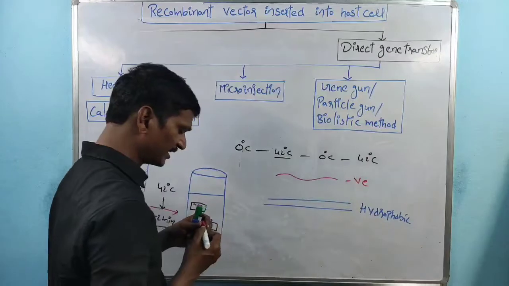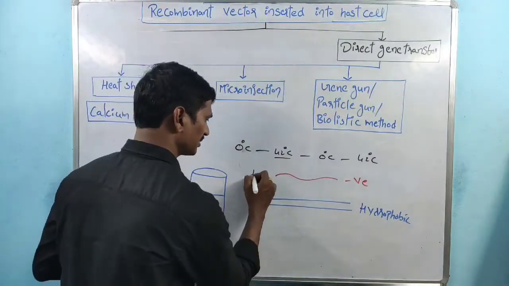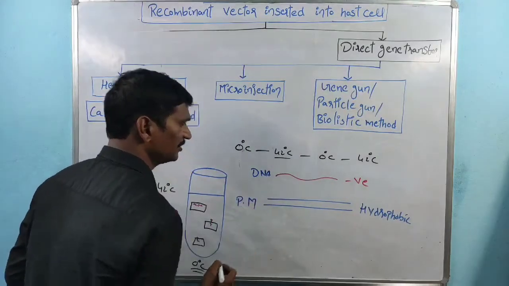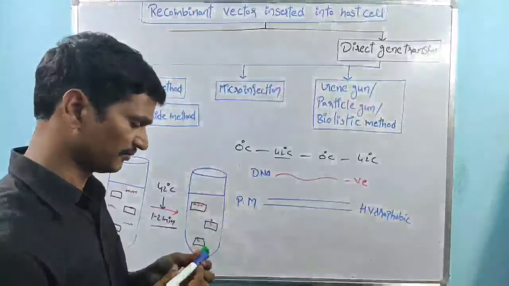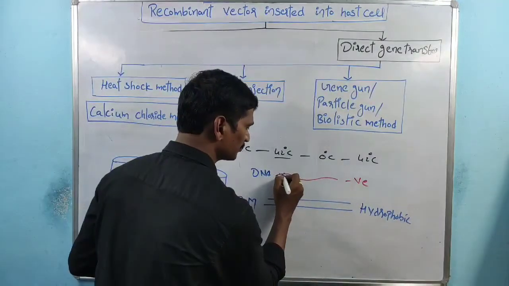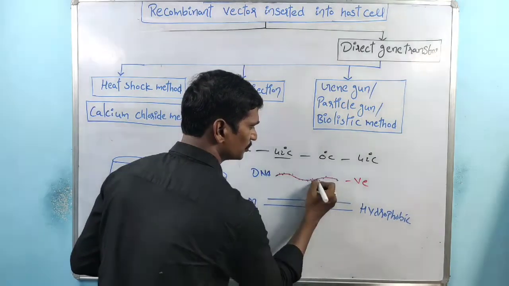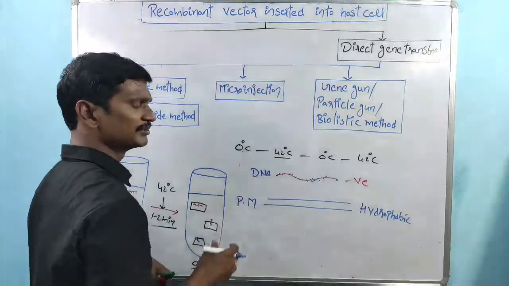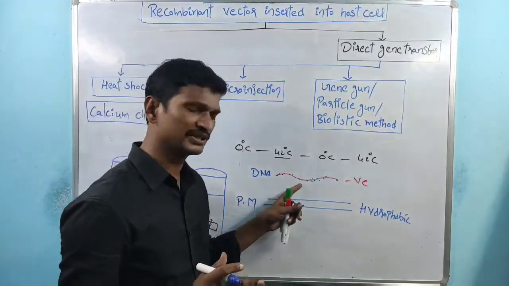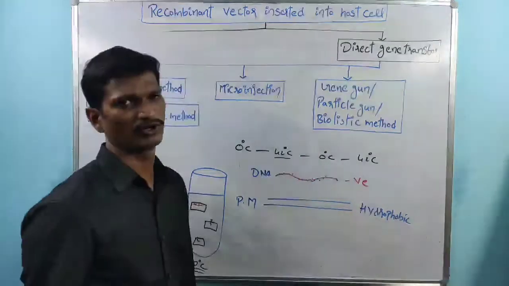For the neutralization purpose, we added calcium chloride molecules. So the negative charge of the DNA is covered by the calcium chloride molecules, so that it is a neutralized molecule.